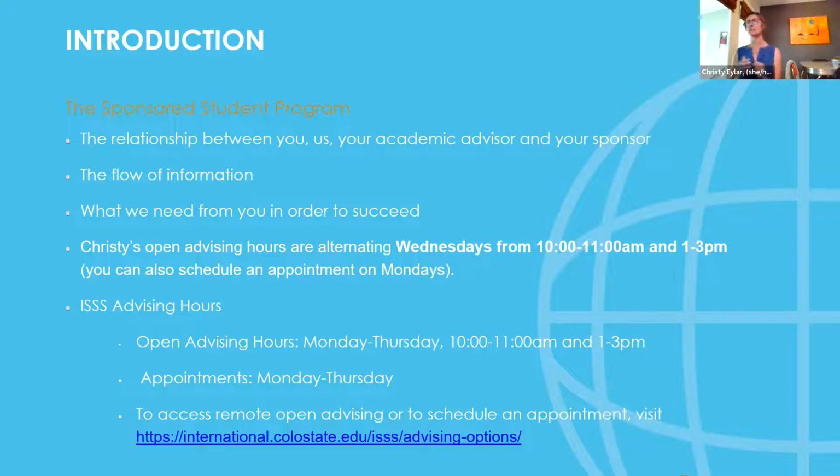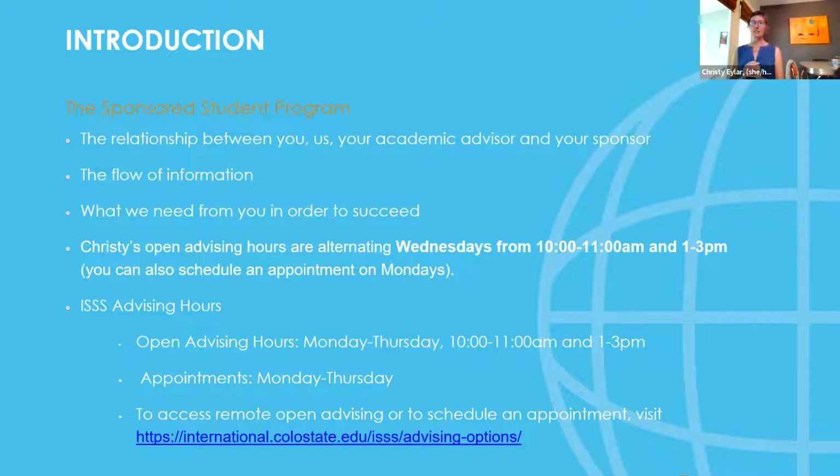So as a sponsored student, there are different expectations for you in terms of your performance and in terms of CSU as far as reporting and communication with your sponsors. So oftentimes that means I will receive outreach from your sponsor or maybe even your academic advisor, where I would need to provide information about your performance at CSU or the classes that you're registered in and things like that.